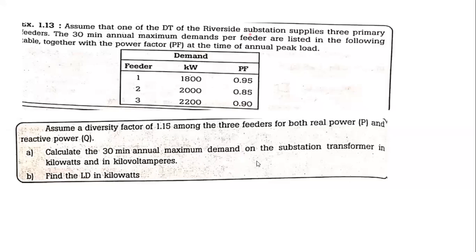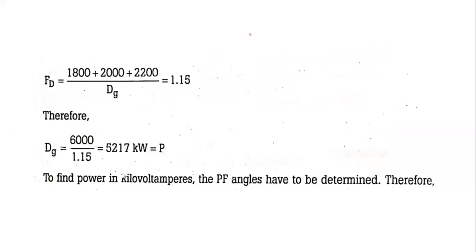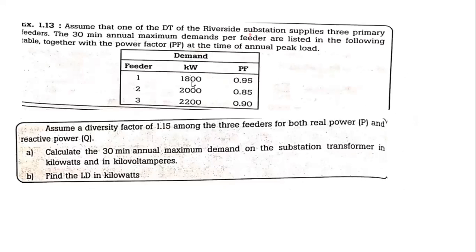First of all, we calculate the annual maximum demand. Next, we calculate the load demand in kilowatts. First we calculate the FD, that is the diversity factor. The demands are 1800, 2000, 2200.